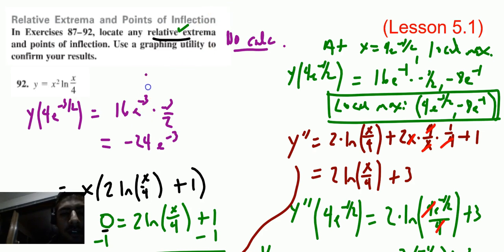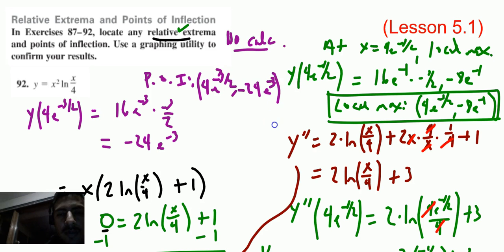So my point of inflection is going to be 4e to the negative 3 halves, comma, don't die on me now, comma, negative 24e to the negative 3, and we're going to skip the graphing calculator part.